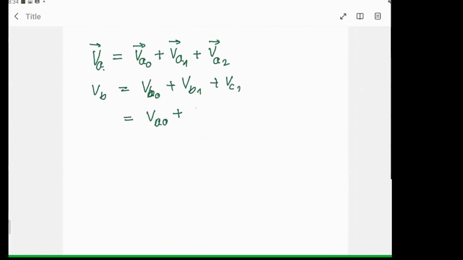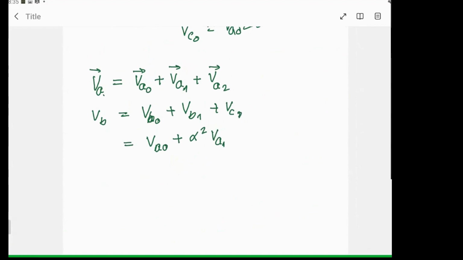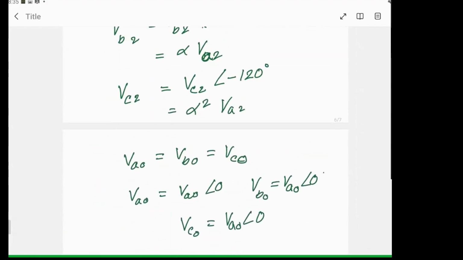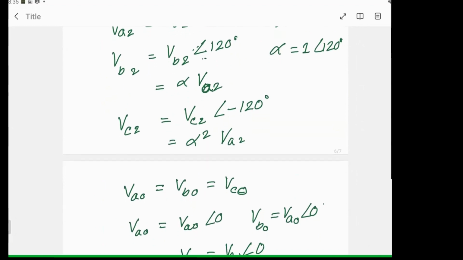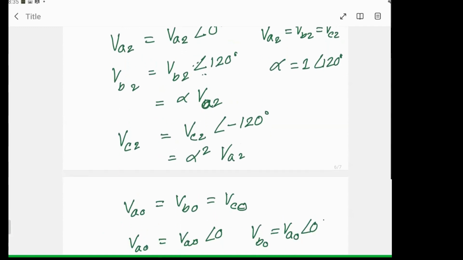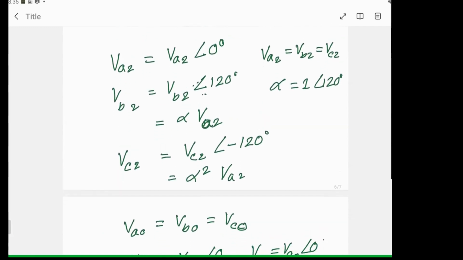It will be alpha square and then VA1. And now if you go to C2, this is actually C2 and VC2 is equal to this figure squared.